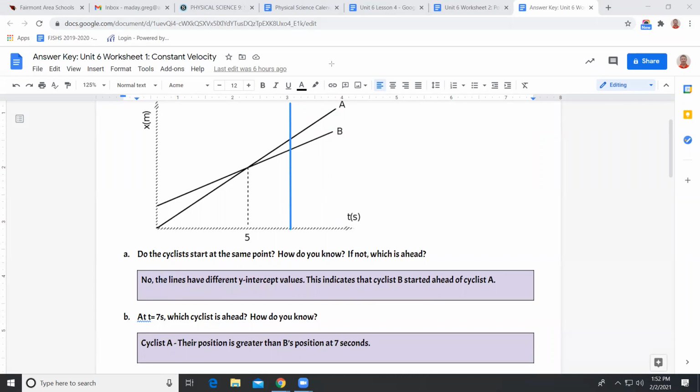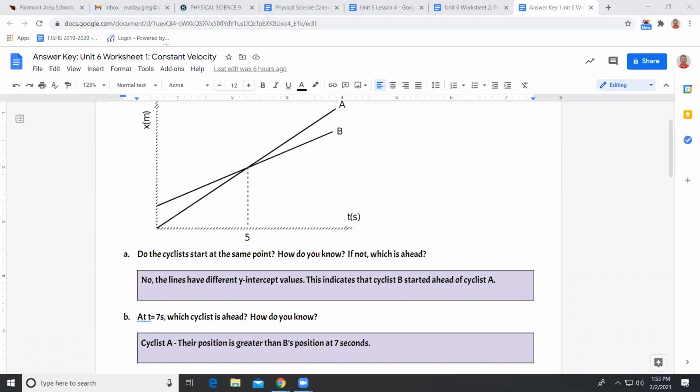We can see cyclist A is ahead, so they've traveled a further distance. Cyclist A is further along the position axis. So cyclist A is ahead, or has traveled further than cyclist B. At that point in time, cyclist A is at 8 meters and cyclist B is at 7 meters.